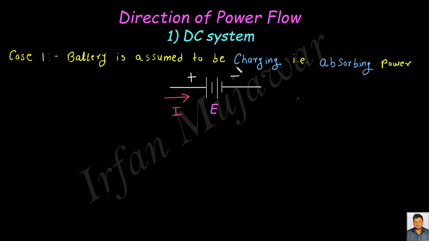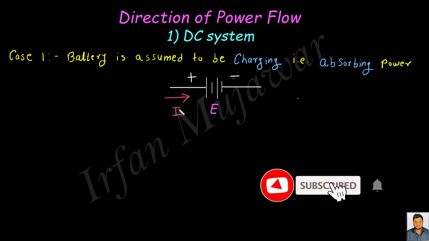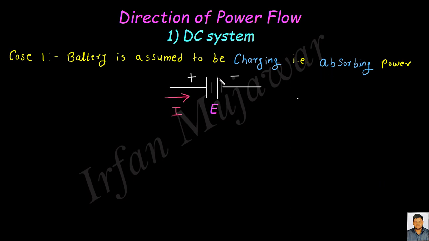Now this is true only if E and I both are positive. So how can we determine whether a battery is actually charging or discharging, that is, whether it is actually absorbing or delivering power? For that we need to calculate the power.